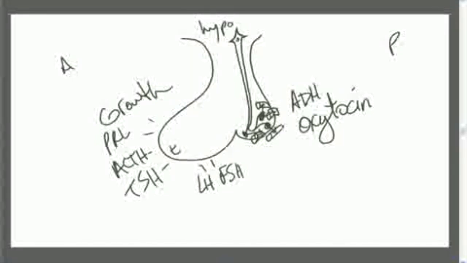What kind of cells are out here? Cuboidal epithelial cells. I know these are looking ugly, but that's okay, because cuboidal cells aren't always square, are they? They do usually have nice little round nuclei. Look what I'm going to put out here.